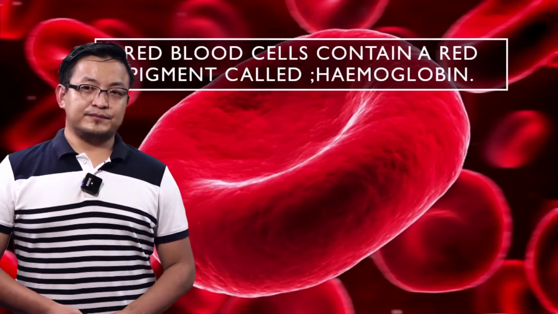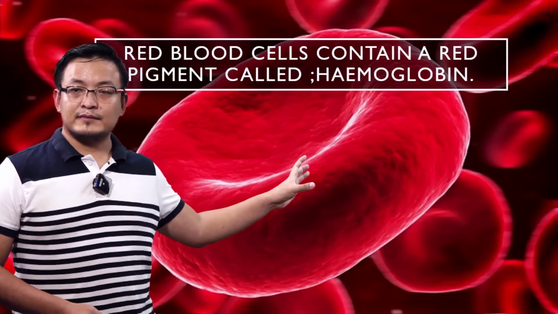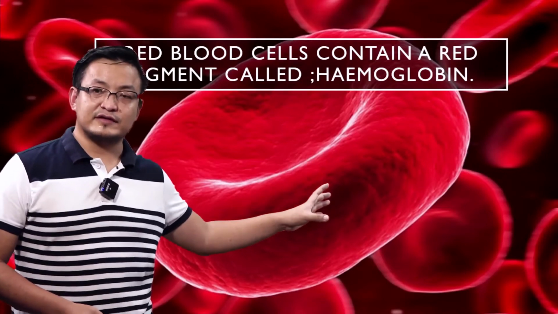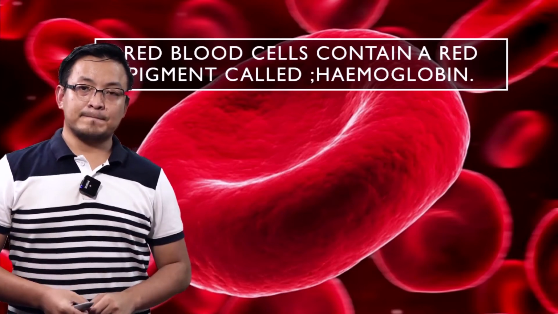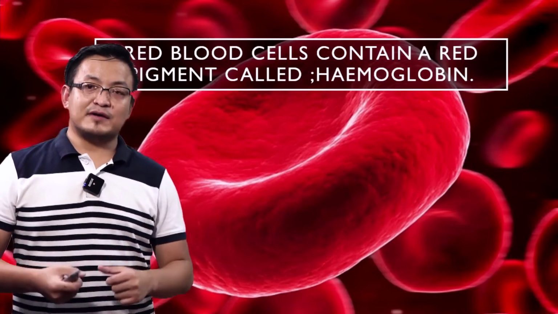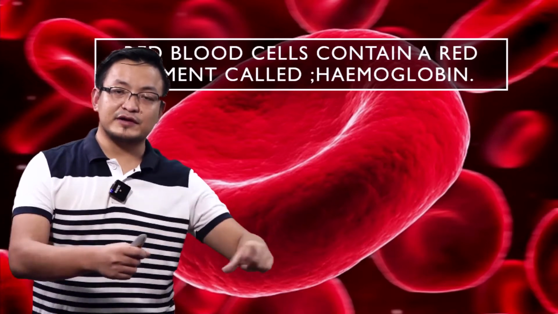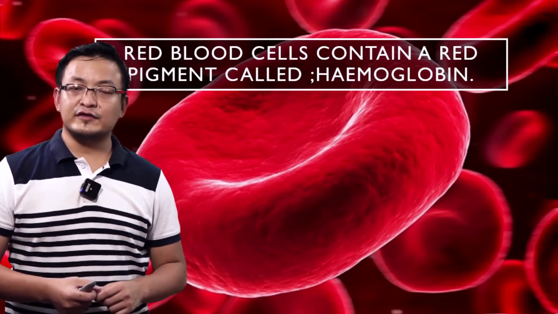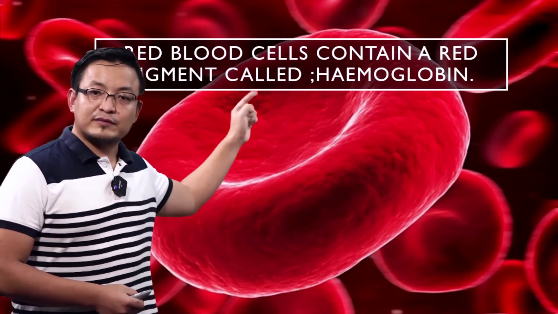Now, students, this is the red blood cells. In the composition of blood, plasma is maximum. The major portion is plasma, the fluid part, around 55%. After that, we have the red blood cells.